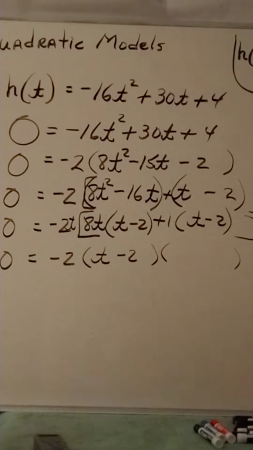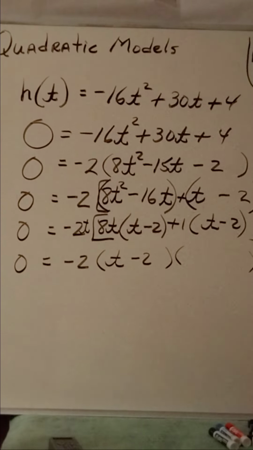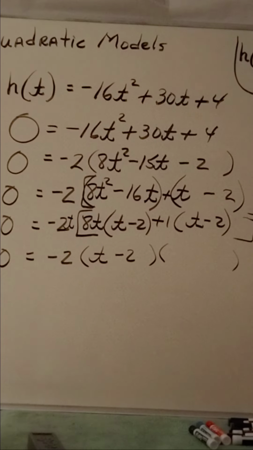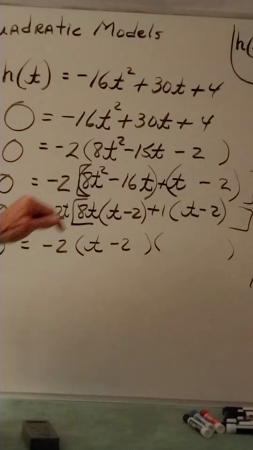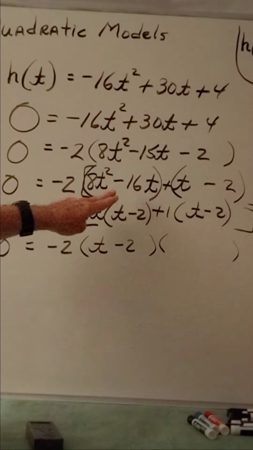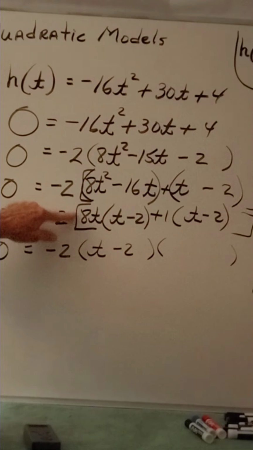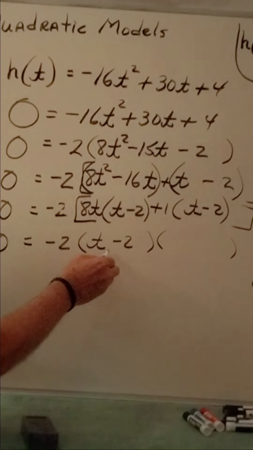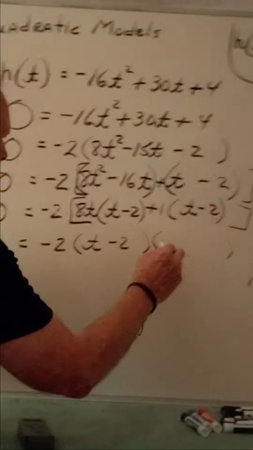I'm sorry. 8t squared minus 16t plus the t minus 2. We brought down that GCF of t minus 2. Your other factor is going to be made up of this turkey and that gravy.